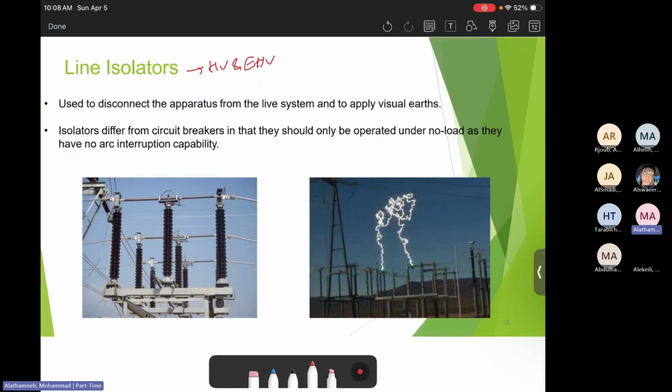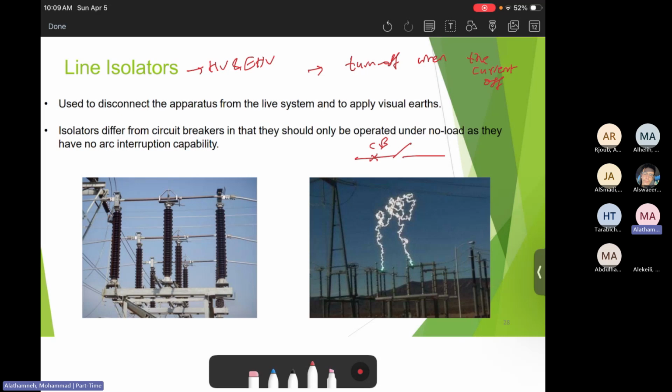So the isolators are supposed to be turned on or turned off when the current is off. What do I mean by this? In every circuit, in the power system or in the substation, there should be a circuit breaker.